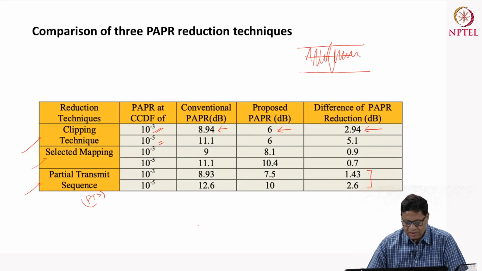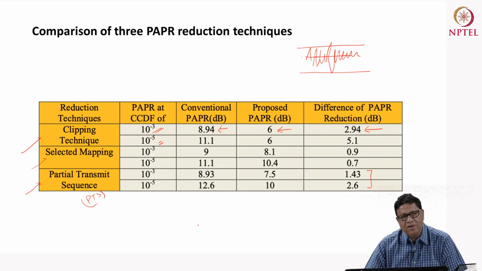So with this, we have a good background about OFDM. We started with the fundamentals of OFDM, and then we discussed how the frequency selective fading channel got converted into a flat fading channel, and then we also saw the use of cyclic prefix.